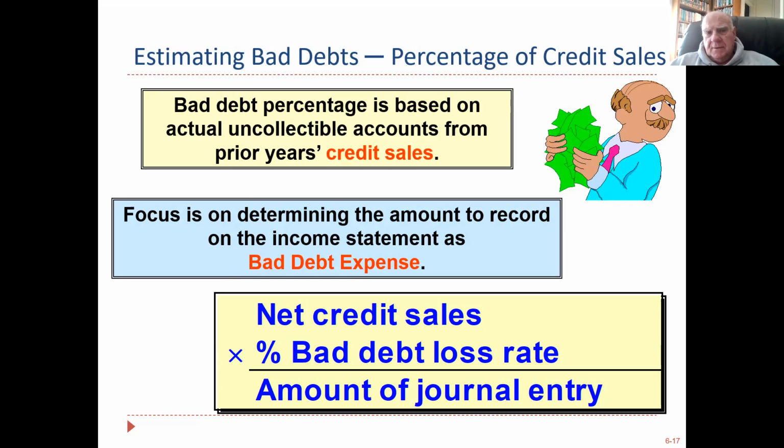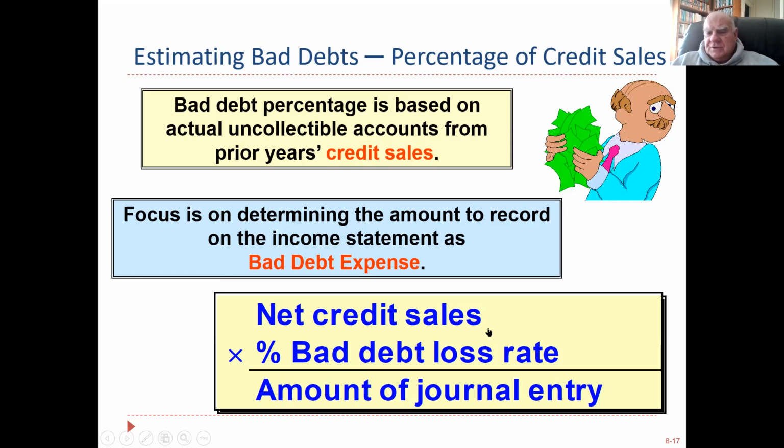I would be very surprised if there are many companies who would use this method, other than how easy it is, okay? So on this method here, we're going to look at the month's credit sales. The month is ended, and we had $2 million in sales, to pick a number, and 400,000 of those sales were cash. So our credit sales were, say, $1.6 million. We're going to take that $1.6 million and we're going to multiply it by a percentage.